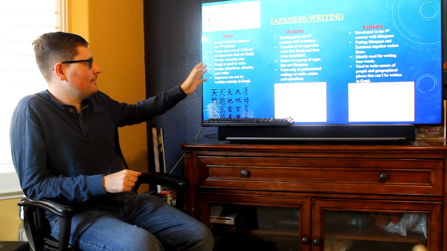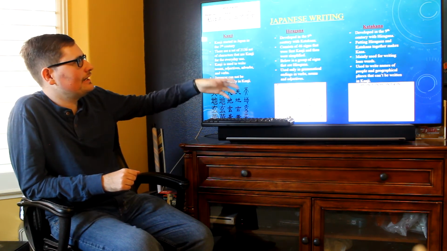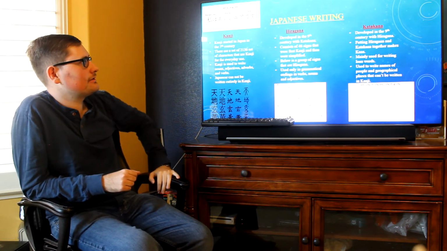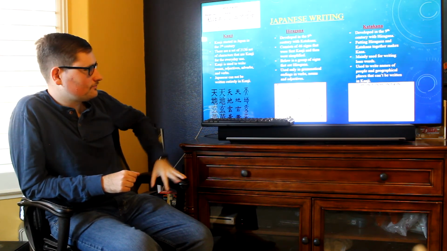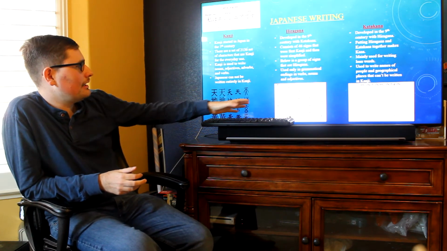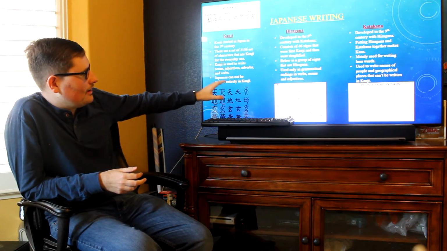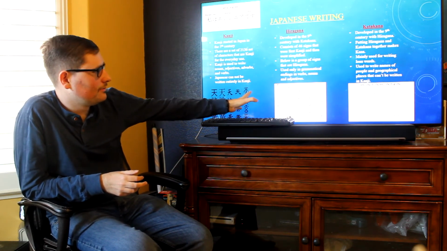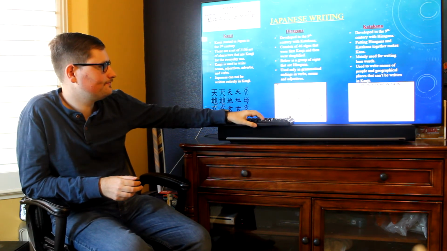Kanji started in the 5th century, and then hiragana in the 9th century, also just like katakana in the 9th century. You can see it was really symbols, and then it got more and more complex in the writing.